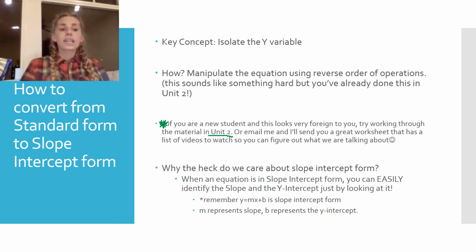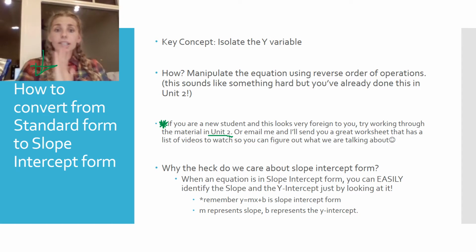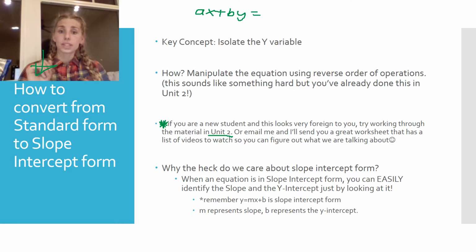So here's the key concept. Our goal is to convert from standard form into slope-intercept form. So we're going to take an equation that looks like ax plus by equals c, and we're going to turn it into an equation that looks like y equals mx plus b.